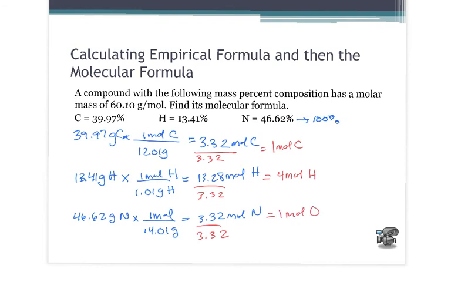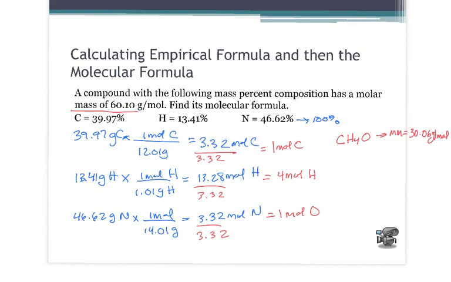So our empirical formula is CH4O. Its formula mass is 30.06 grams per mole. Now we're given the molar mass of the actual compound, the molecular compound.